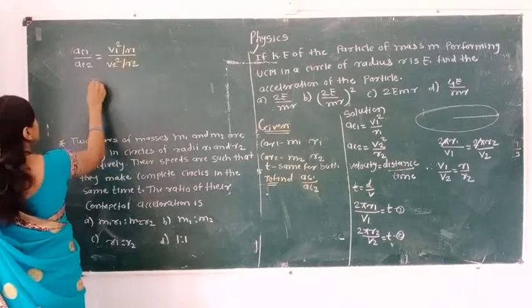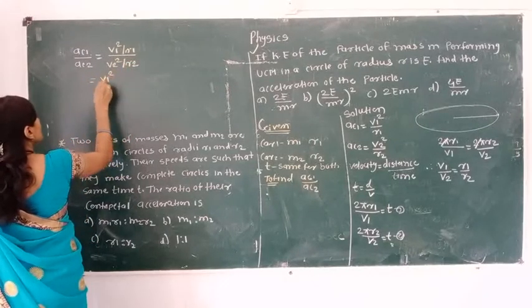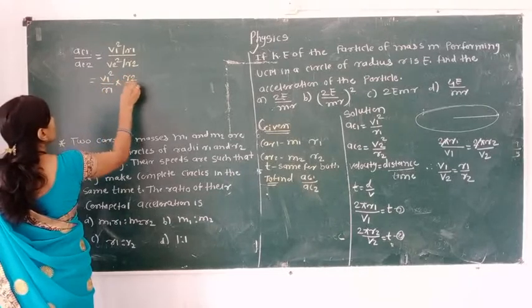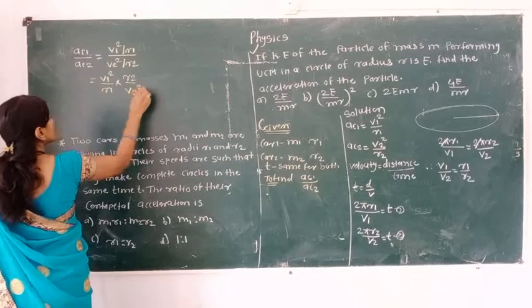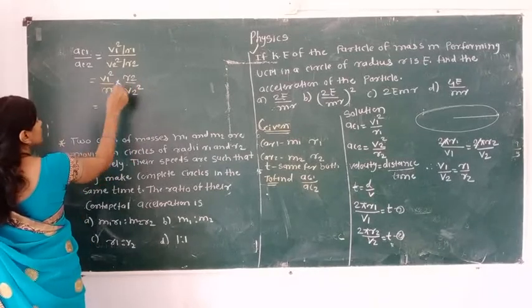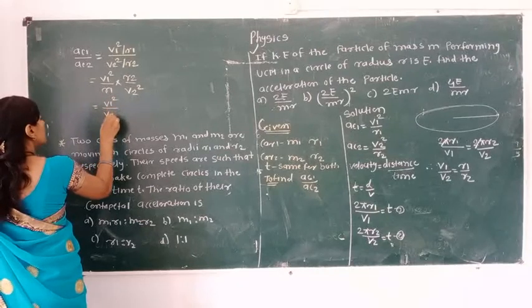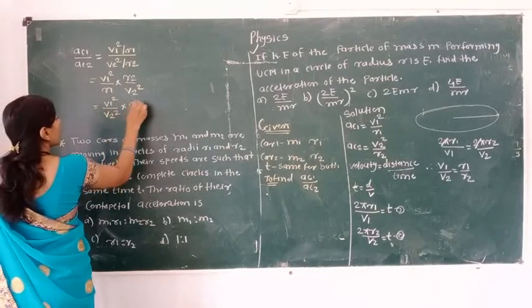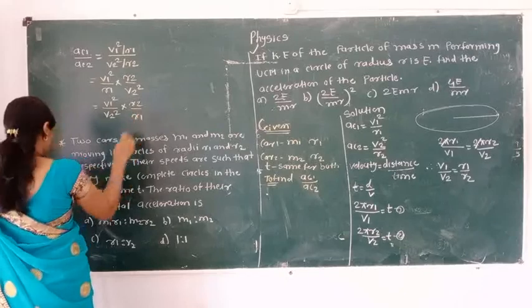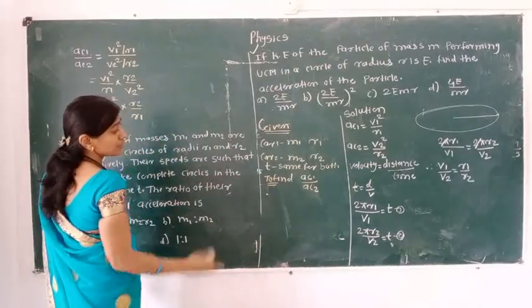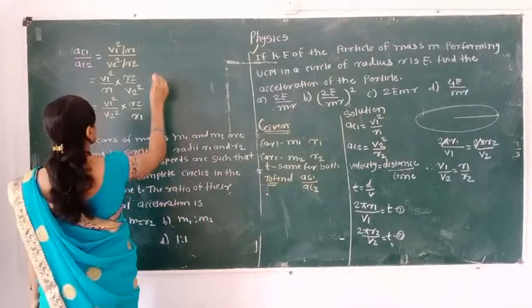Rearranging terms, V1 square divided by R1 into R2 divided by V2 square. Simplified, taking these two terms together: V1 square divided by V2 square into R2 divided by R1. Next, putting the value V1 upon V2 is equal to R1 upon R2.